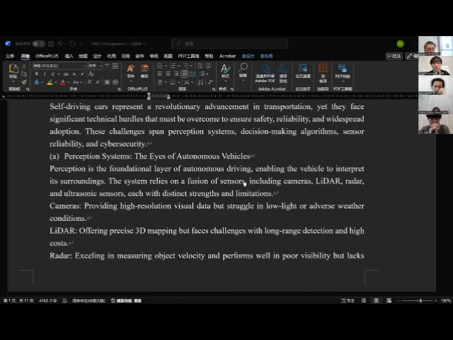These challenges span perception systems, decision-making algorithms, sensor reliability, and cybersecurity.